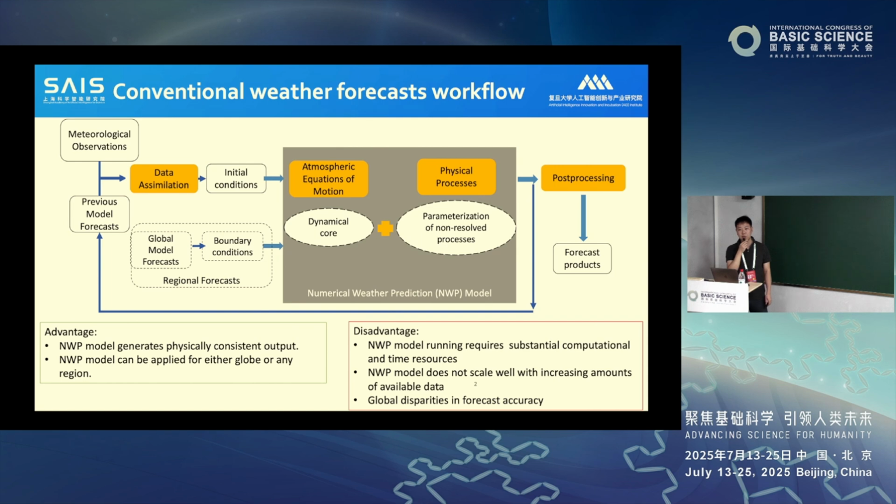You have meteorological observations from different instruments like satellites, radar, ground stations, and ships. They all go into a process called data assimilation to generate the initial conditions for your numerical weather prediction model. This model is a physics-based model.